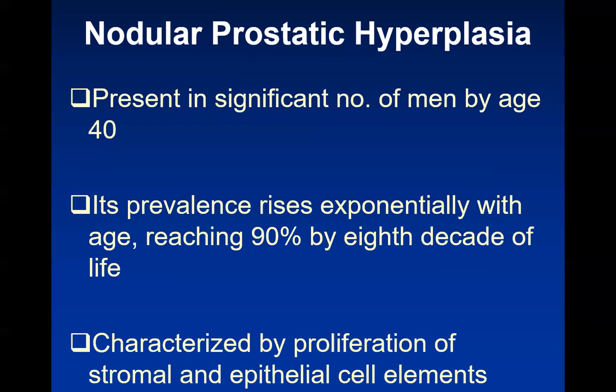It's nothing else except age. There are other risk factors, but age is right at the top. And if you survey men in their 40s, you will start to see a good number of patients with the condition.